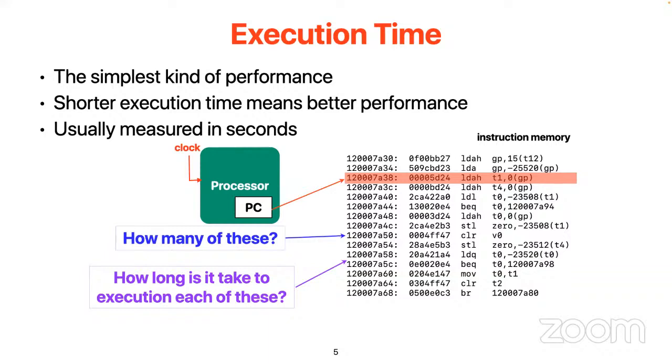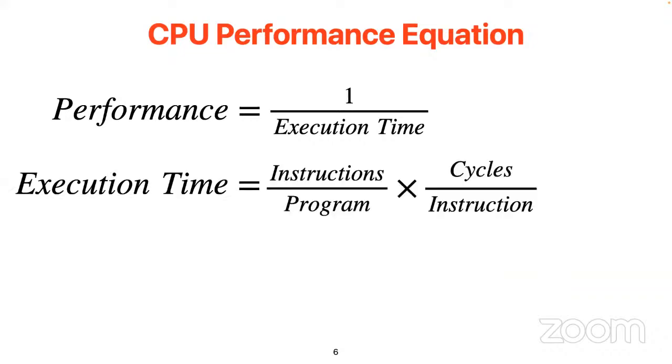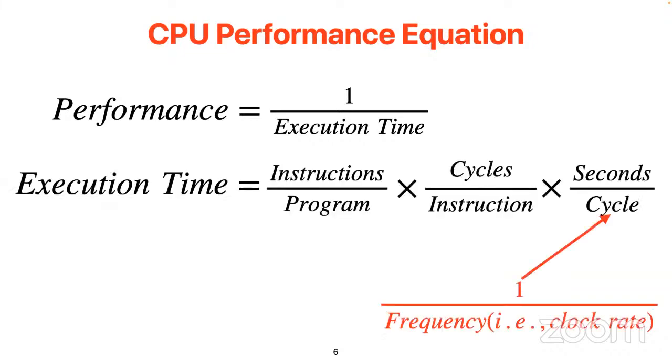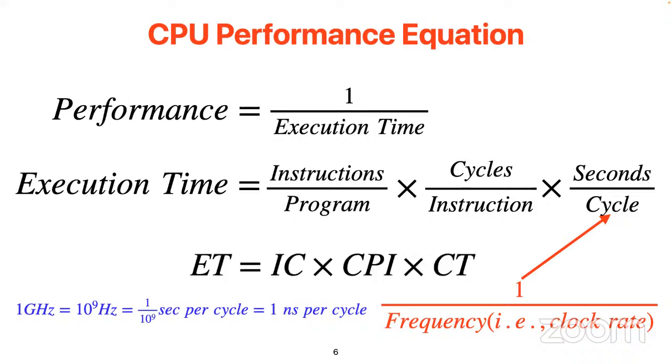And then how long does it take to execute those instructions? It depends on how many cycles you need per instruction and how long each cycle is. So it's not too difficult for you to now understand why the execution time of a program is calculated through these three elements. And because the longer the time, the worse the performance, that's how the performance is derived.